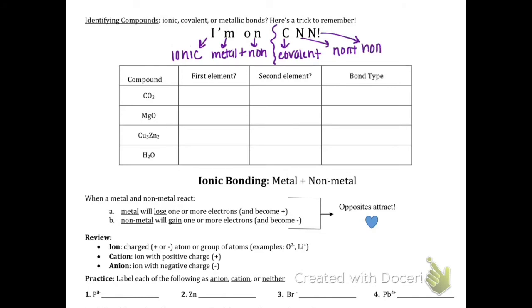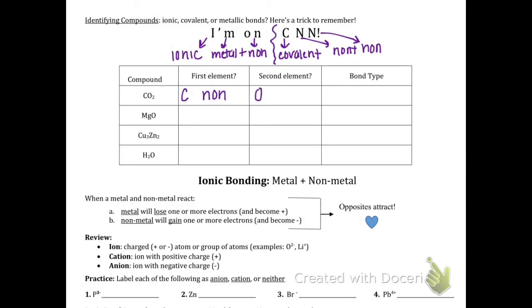Okay, so using your periodic table, let's identify these compounds as ionic, covalent, or metallic. Our first element here is carbon. So look on your periodic table. Carbon is a nonmetal.